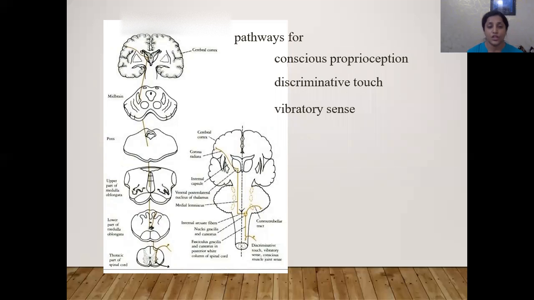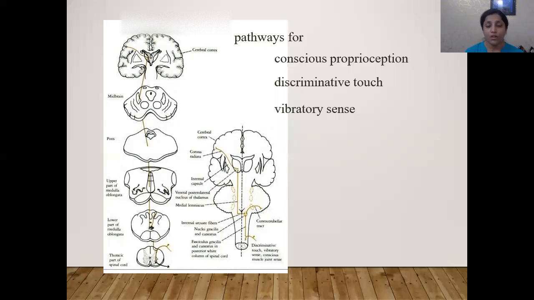Now if we have a close look at the diagrammatic representation of the pathways in both types of sections, we can see very clearly how the fibers enter via the spinal cord, ascend via the medulla, pons, midbrain, via the thalamus, and reach the sensory cortex. You can clearly see it.